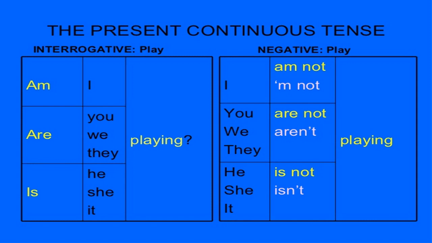For negative, after your auxiliaries, not will be supplied. For example, I am not playing, you are not playing, we are not playing, they are not playing. He is not playing, she is not playing, it is not playing. So in this manner we are going to frame sentences for present continuous tense.